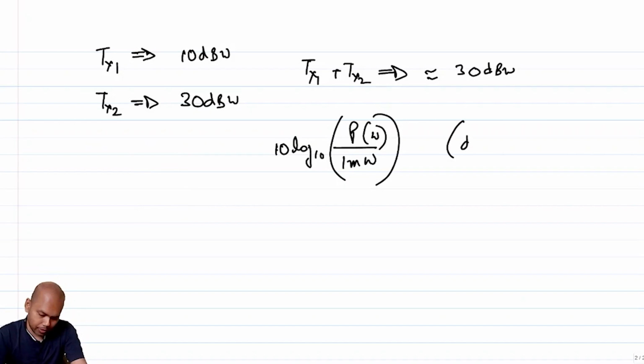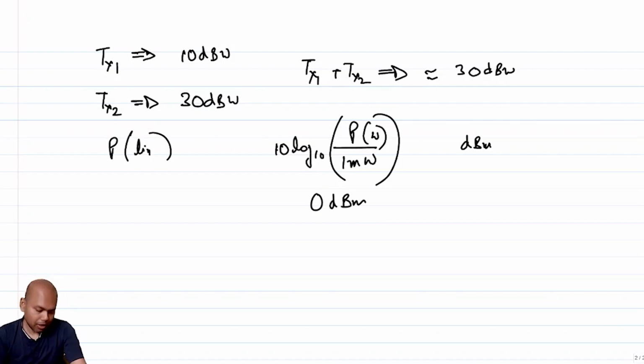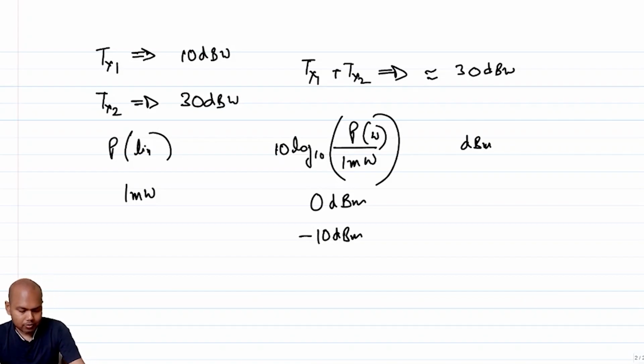So this is dBm, and this is, let's say, P in linear scale. So 0 dBm should mean 1 milliwatt. Similarly, minus 10 dBm should mean 10x lower than 1 milliwatt, which means 100 microwatt or 0.1 milliwatt, and so on.